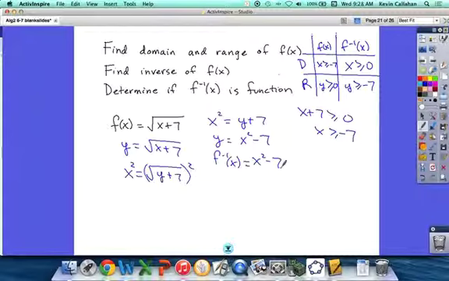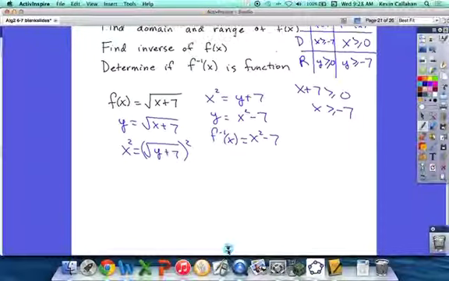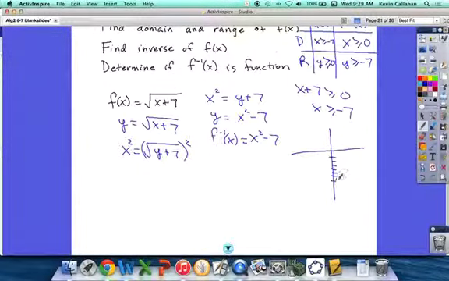Let me see if I could do that on this slide right here. Right, if I looked at the graph of that, this is definitely a quadratic, right? It's a parabola. The y-intercept is this negative 7. So it's a parabola that's been moved down 7. That's a vertical shift down 7. So if I look at that, 1, 2, 3, 4, 5, 6, 7. It looks something like this, and this is just kind of sketched like that.